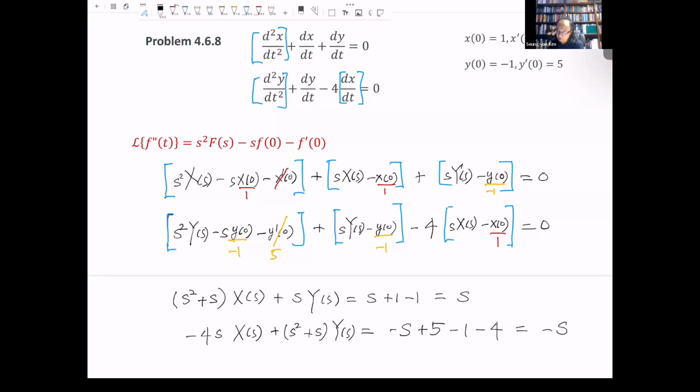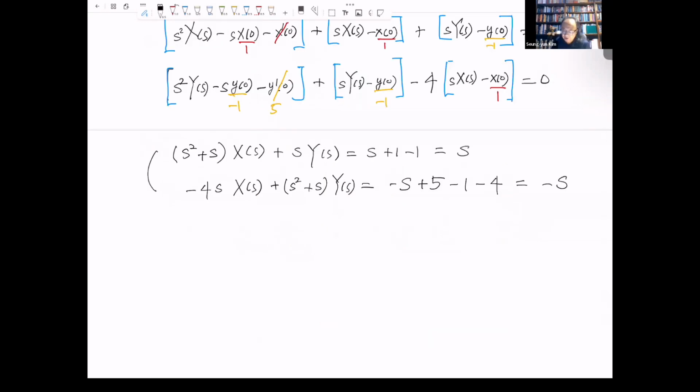We have negative s. And both of these two terms have s in every single term, so we're going to divide everywhere by s. Then we have s plus 1, x of s plus y of s equals 1, and negative 4 x of s plus s plus 1 y of s equals negative 1.